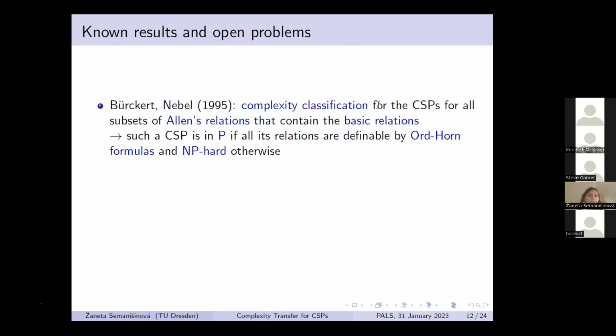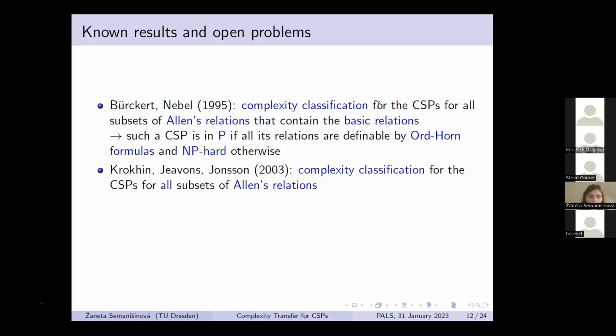And here again, Ord-Horn formulas appear. Such a CSP is in P if all its relations are definable by Ord-Horn formulas, and otherwise it's NP-hard. And in 2003, there was even a complexity classification by Krokhin, Jeavons, and Jonsson for all subsets of Allen's relations.